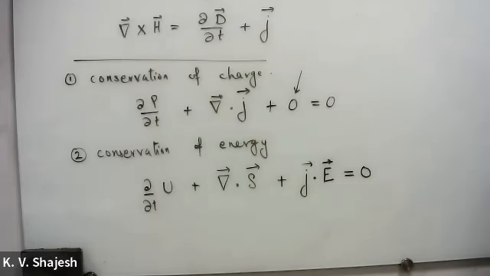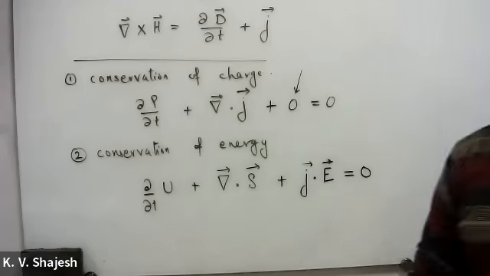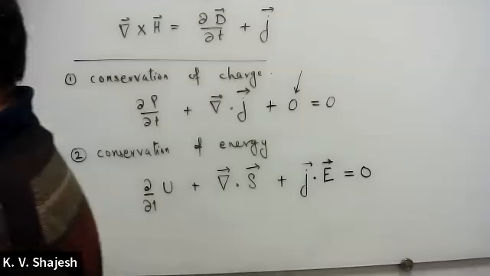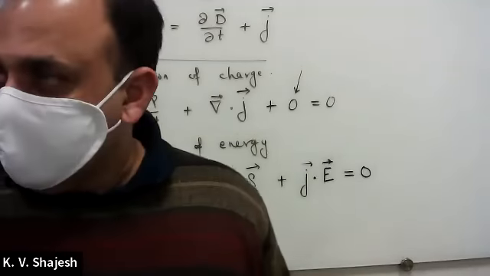But you can store something in a magnetic field also, and it is B dotted with H. Again, I think it's good to write it in the familiar form, epsilon naught E squared plus B squared over mu naught, right? That's how you see it in elementary physics.